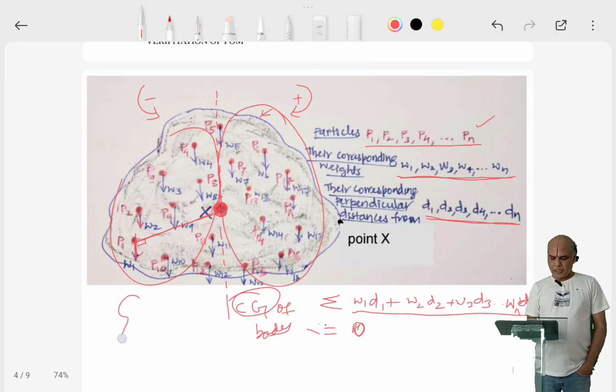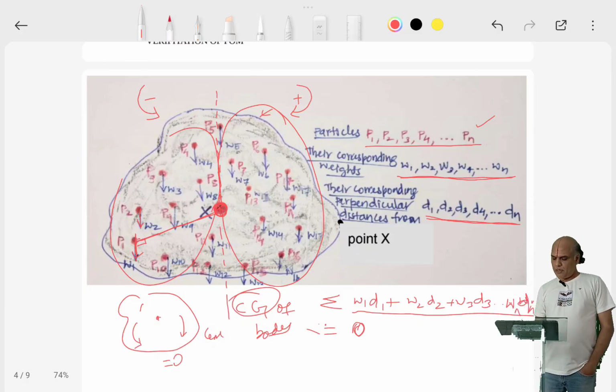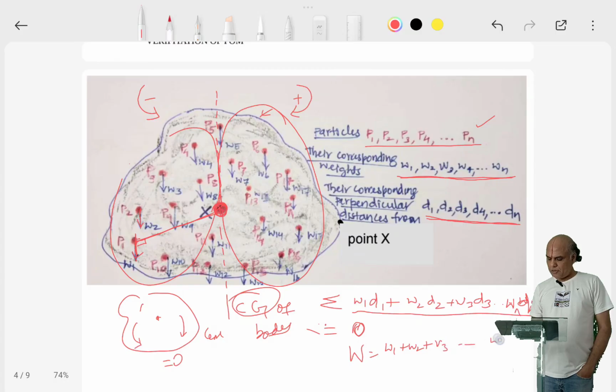So given any body, if you can find a point about which the algebraic sum of moments of all individual particles of mass comprising that body is zero, then such a point is called the center of gravity. Now, suppose W is the collective weight of this body, so W is nothing but W1 plus W2 plus W3 and so on till Wn.